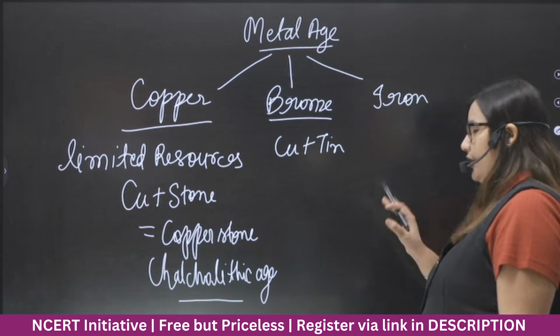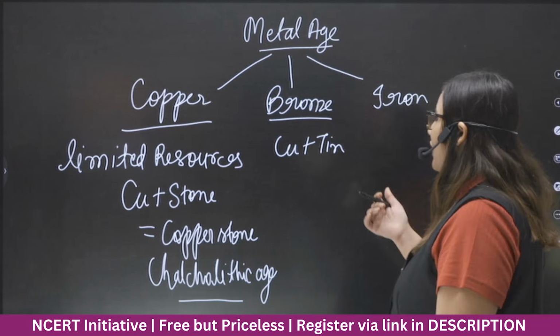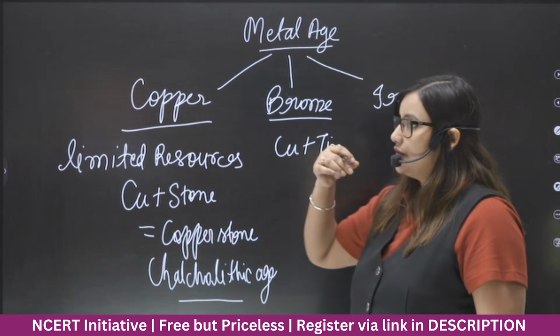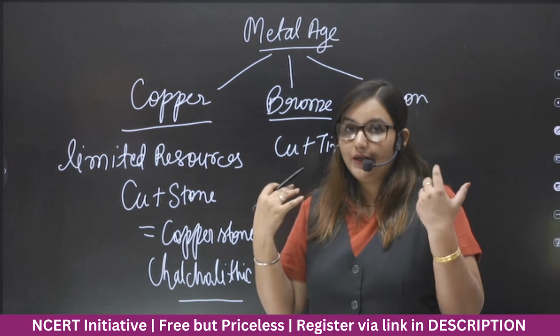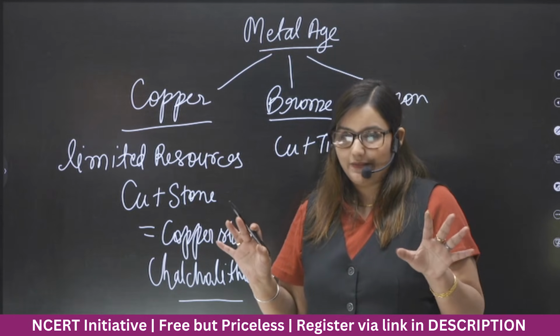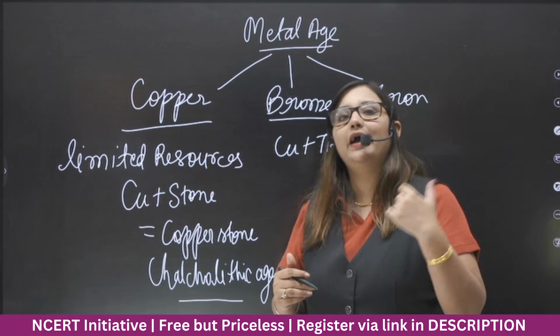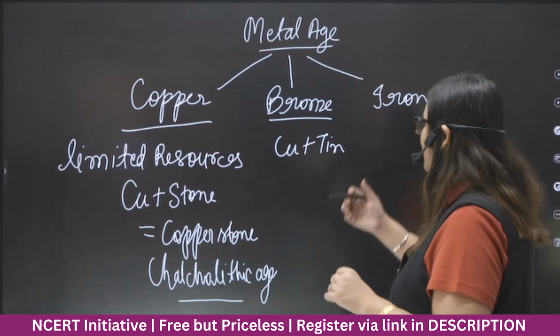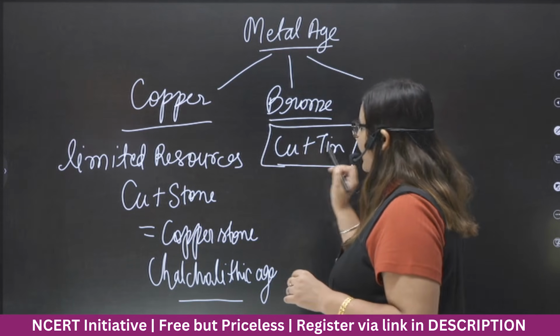So tin was not there with us, but tin was imported. Now, if I say it was not there, I don't mean to say that it was completely not there. No, not 100% absent. It was there, but the quantity was too low. That's why we had to import tin. Okay, so copper and tin was there.